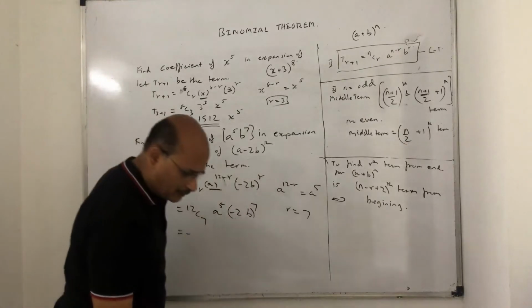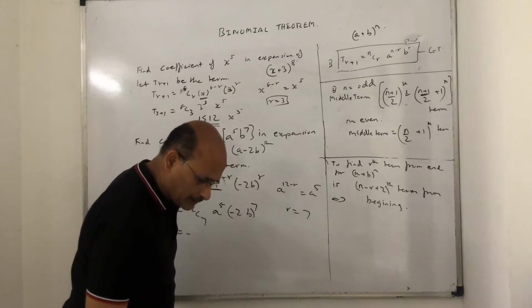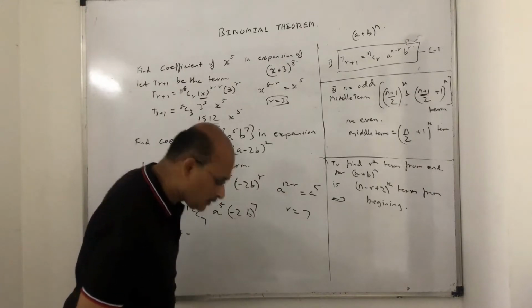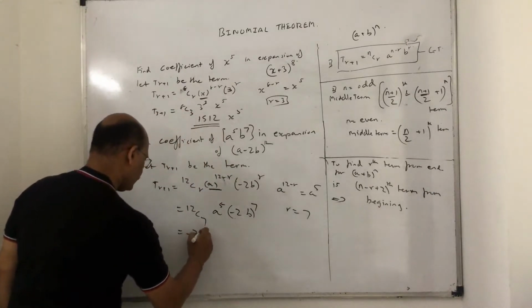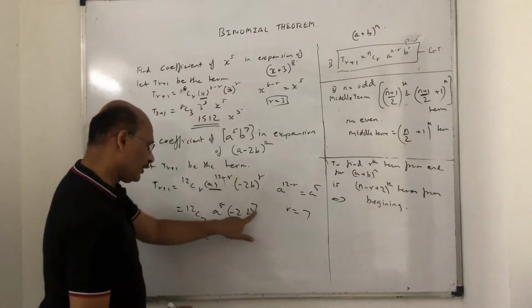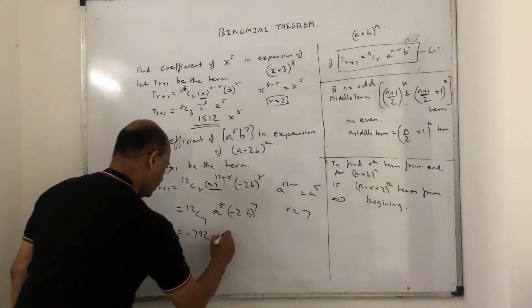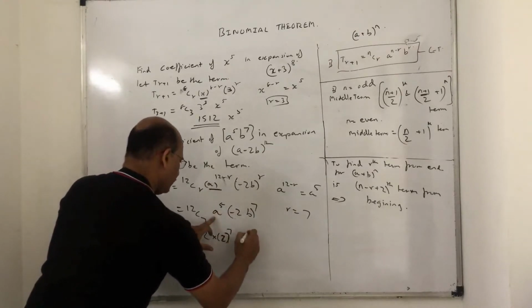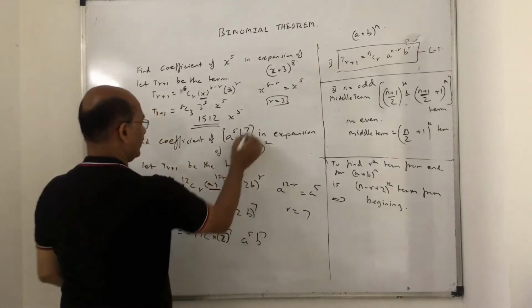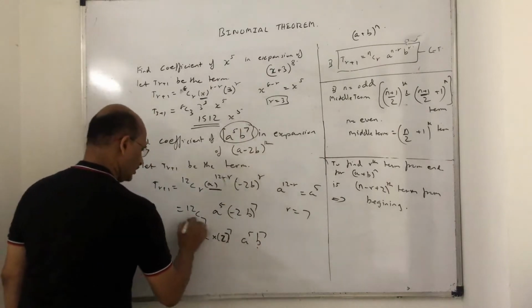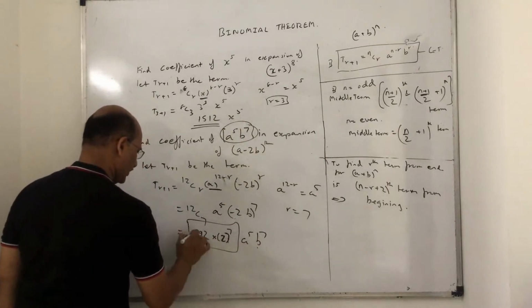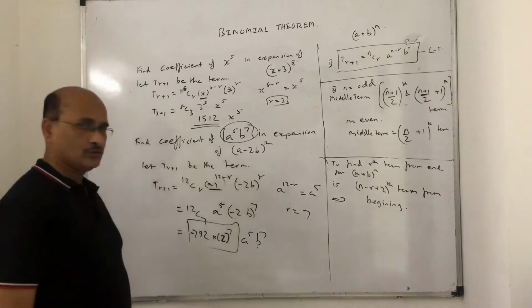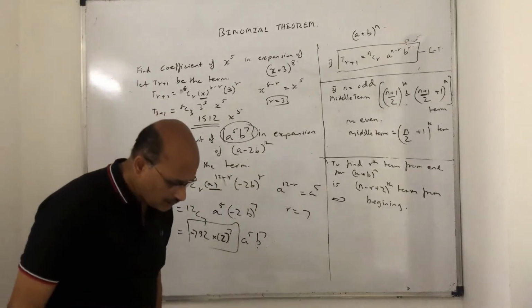So 12C7 you can calculate now. 12C7 is 792. Right? And 2 raised to 7, and a5 b7. So that's what exactly came. Just see, this is the coefficient. Don't miss that. It is minus 792 into 2 raised to 7. If you calculate on your own, there is no issue at all.